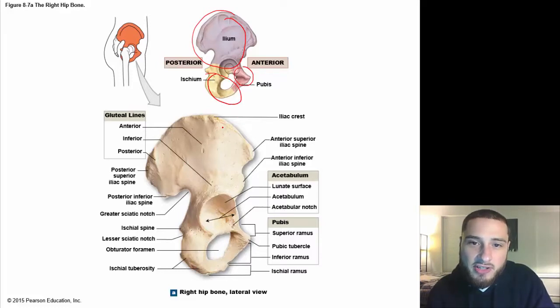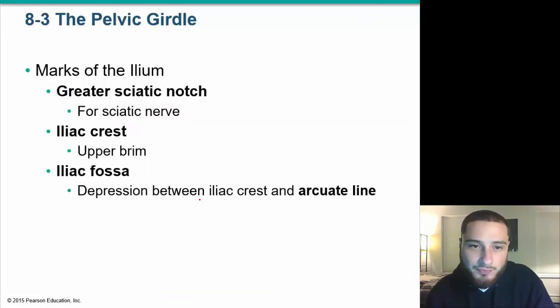Within each portion in the ilium, you have your iliac crest right here, your iliac spine, and you're going to have your pubis right here, which is going to have your superior ramus, your inferior ramus, and you'll have the ischial ramus with your ischial tuberosity, and here you have your iliac spine, and here you have your greater sciatic notch where the sciatic nerve is going to travel through.